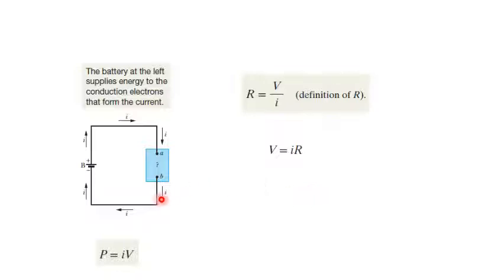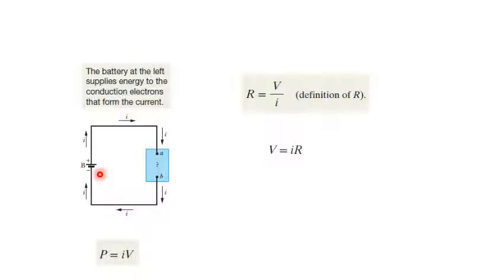If we have a simple device like a resistor connected to a battery by using electric wires like this, there will be electric current flowing from the battery to the resistor and going back to the battery.